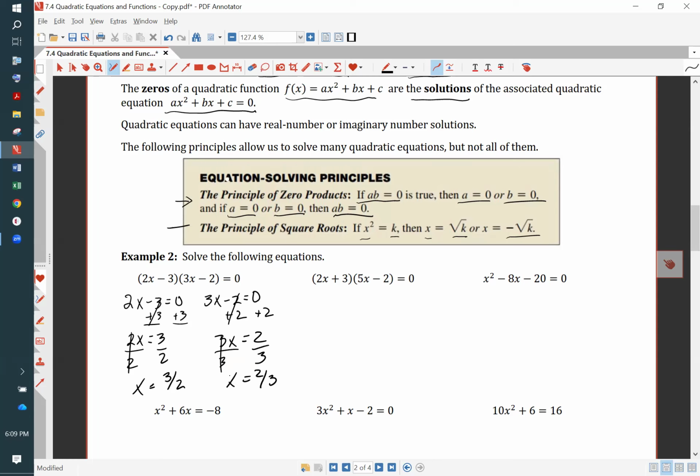All right, so that's how we find our solutions of equations.